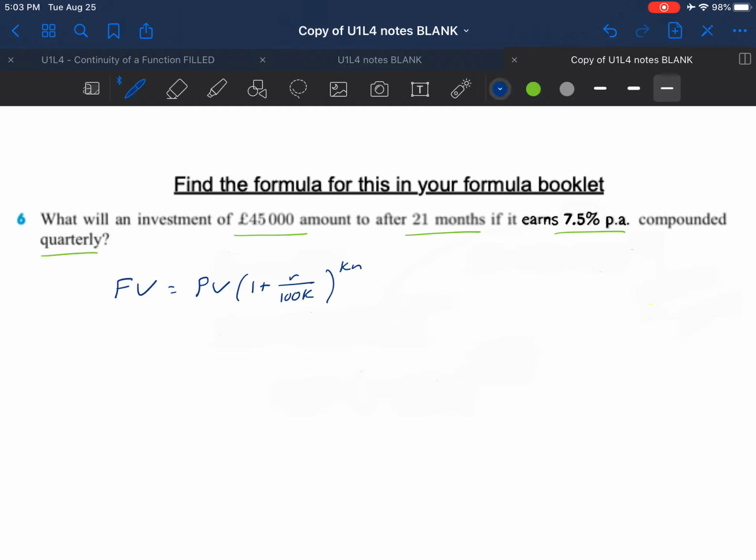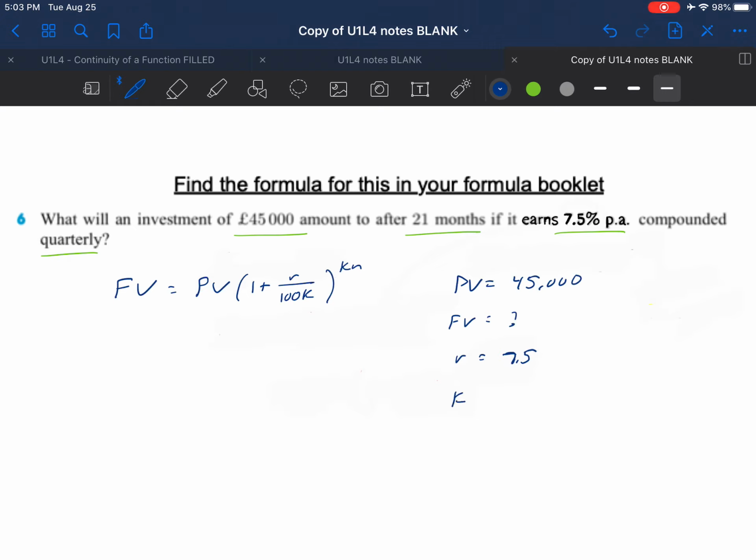So that means we know that our present value is 45,000. Okay? The future value is the unknown that we're looking for. The annual interest rate is 7.5%, so I'm going to put that in as 7.5.